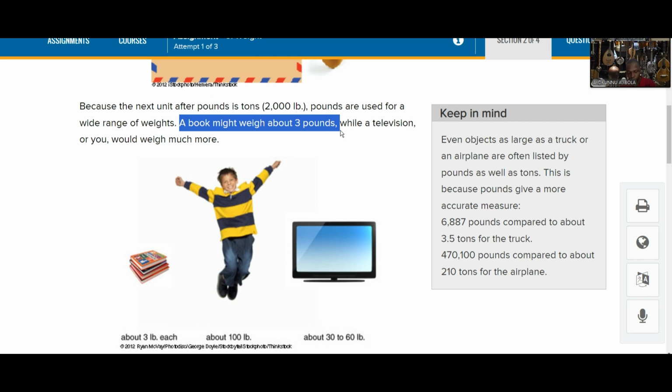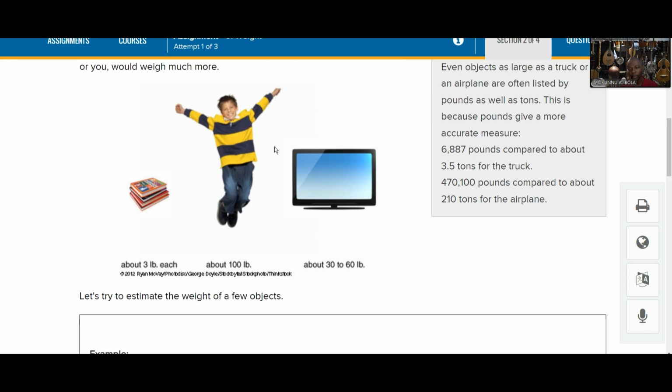A book might weigh about three pounds. Yeah, about 3 pounds. Or we say 2000 pounds is a ton, and a ton is in thousands of pounds.